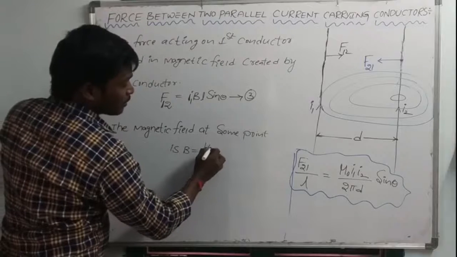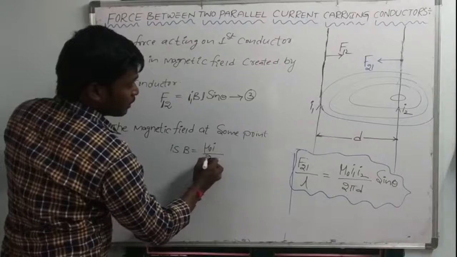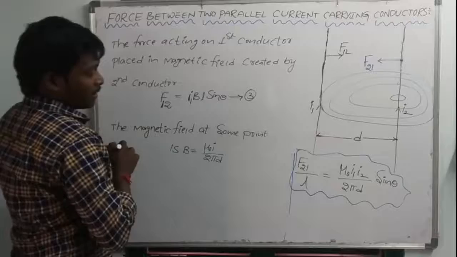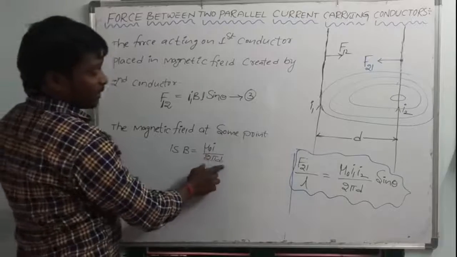Mu naught I by 2 pi d. What is the distance here? d. And here I am making some correction.